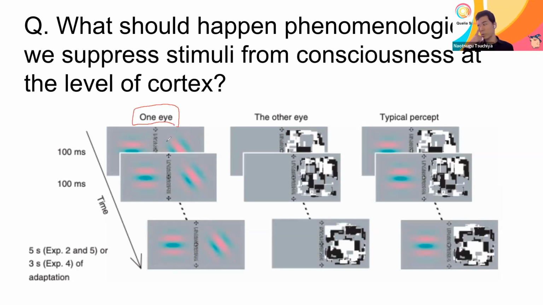Let's say you close your right eye, and then you look at the center of the display here. On your left eye, you see a red-green striped thing on the left side and the right side at the same time. One is horizontal, and one is tilted to the left. And then you see it for roughly 5 seconds or something like that.